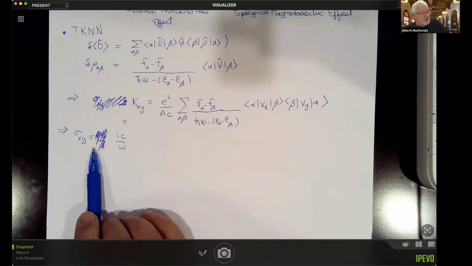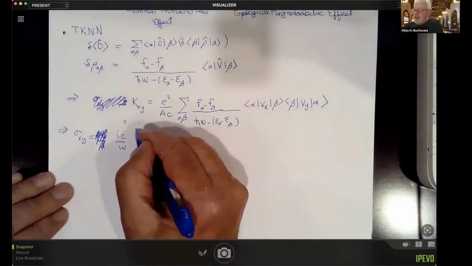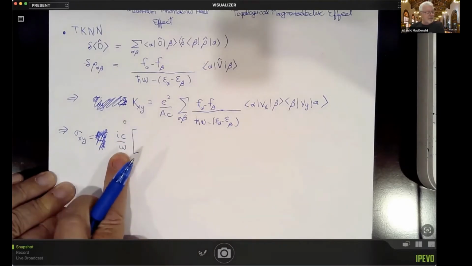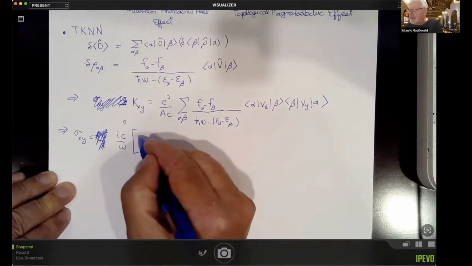That's just the definition of the conductivity. So converting from vector potential to electric field gives us those factors.